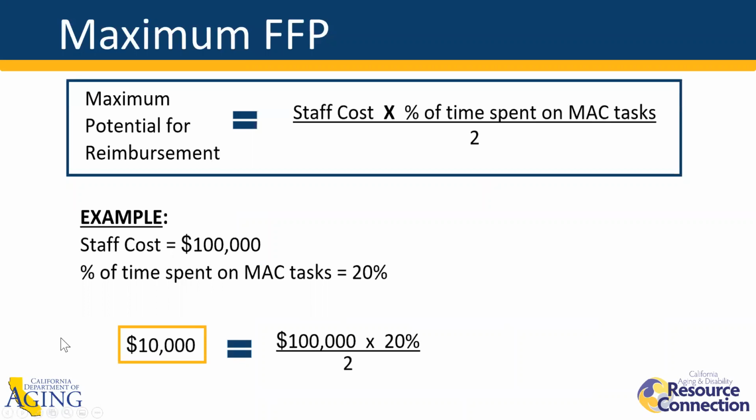Okay, so this is just an example of how to use that first formula to calculate the maximum potential for FFP. Now, for the sake of keeping the numbers nice and round and easy to work with, let's just say that it cost $100,000 to fund Jane Smith's position for a quarter. That includes her salary, her fringe benefits, and any other overhead costs.